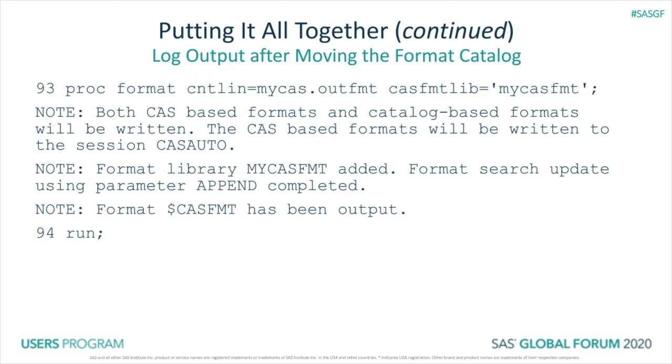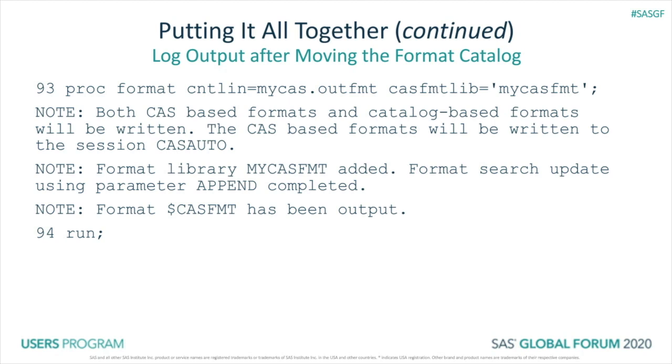This is the log that's generated by running that PROC FORMAT code. We can see that the format was written to the myCAS format library. One thing that's interesting about this log is the note that both CAS formats and catalog-based formats will be written.